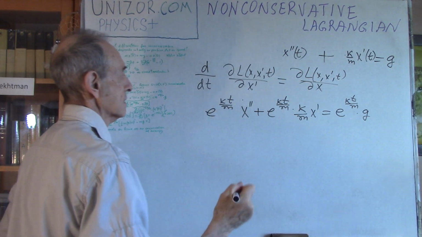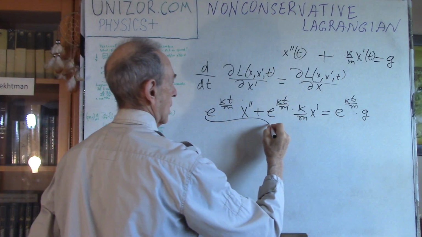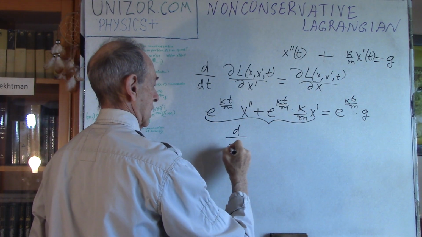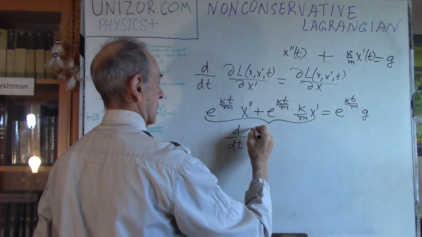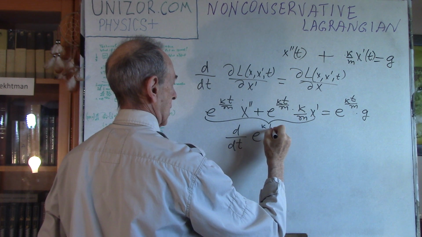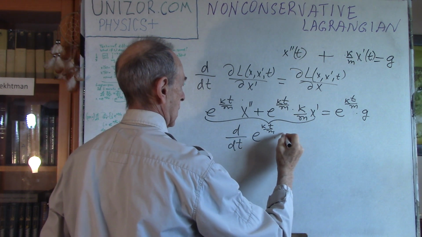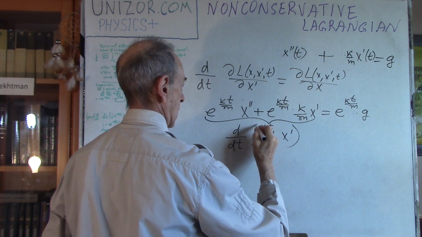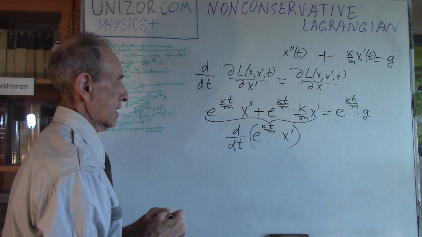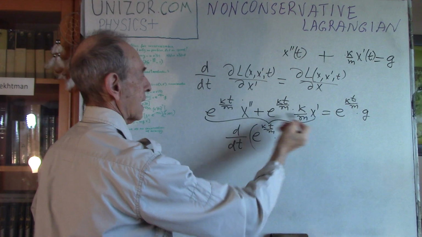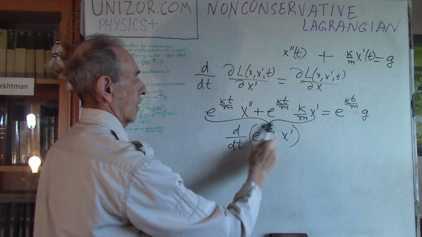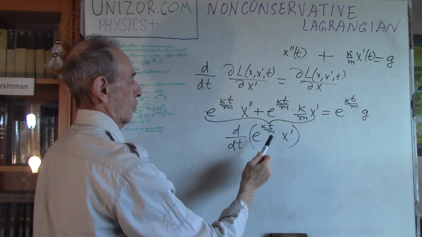Now, look at this expression. I'm just saying that I can recognize this as the derivative by time of this function. Why?